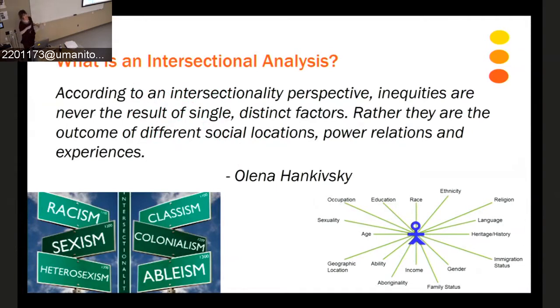And to put it more simply, Alina Henskiewski, who is a prominent intersectional theorist, says, according to an intersectionality perspective, inequities are never the result of a single distinct factor. Rather, they are the outcome of different social locations, power relations, and experience.